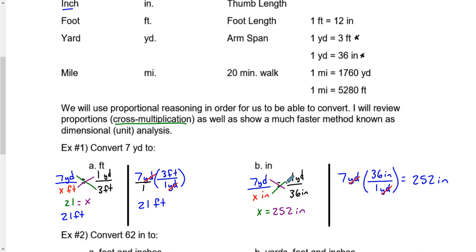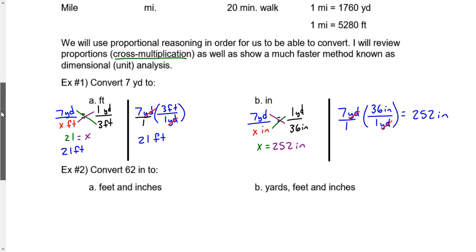You may come to situations where you're thinking, oh, do I have to multiply by 12 or do I divide by 12? Well, 7 yards over 1 guarantees that you will never do the wrong operation. You will always treat this as a multiplication.